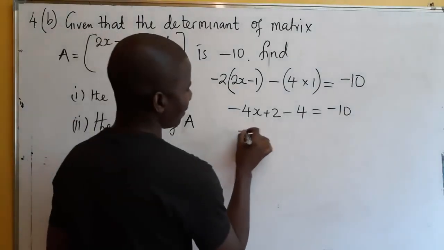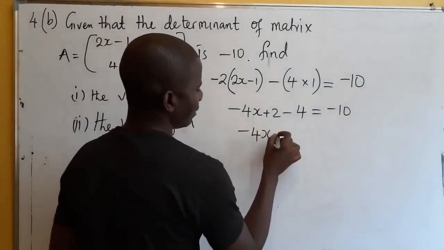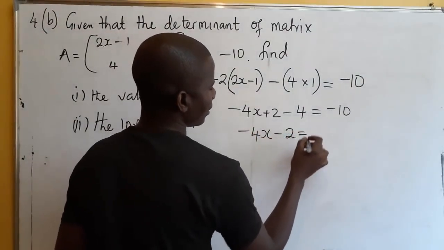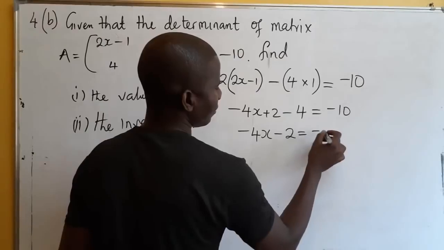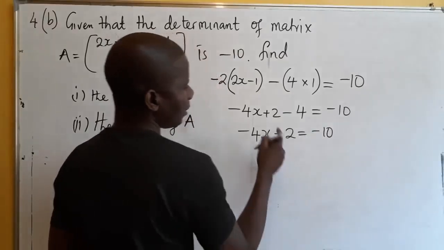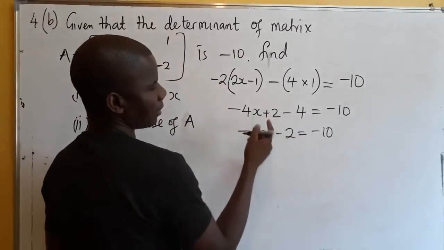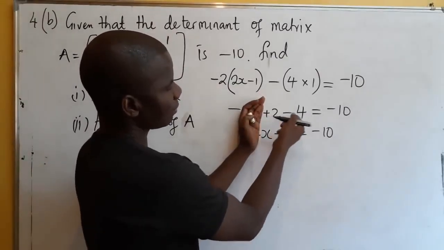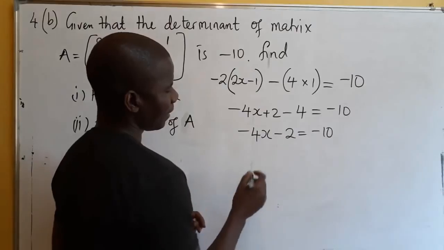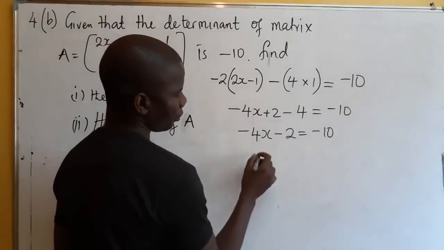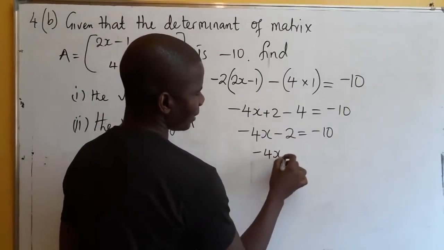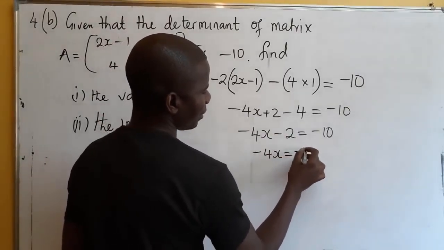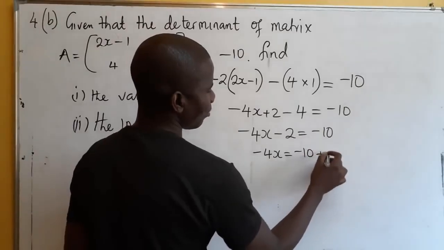Alright, so we have -4x minus 2 is equal to -10. When you simplify 2 minus 4, you get -2. So you have -4x is equal to -10 plus 2.